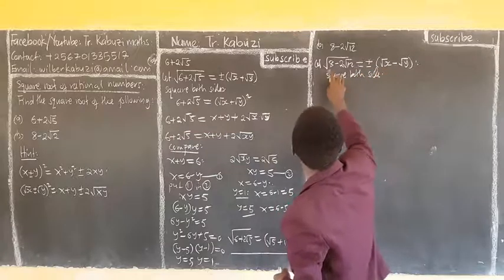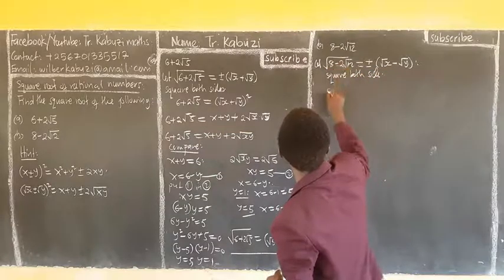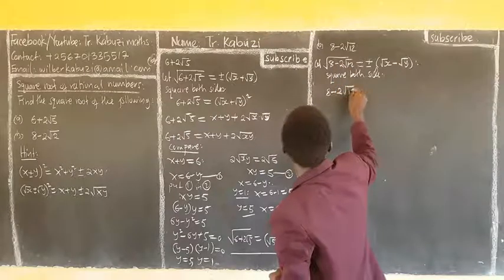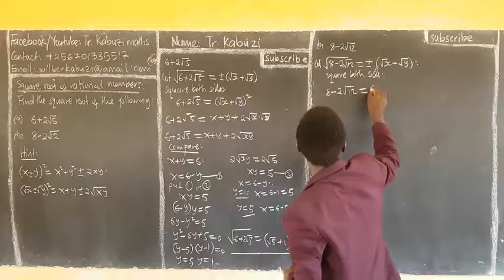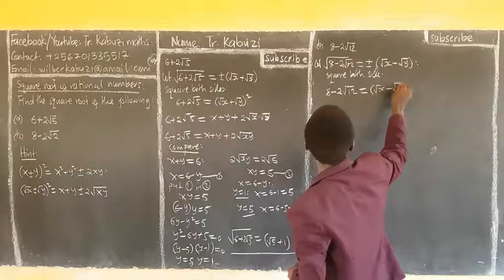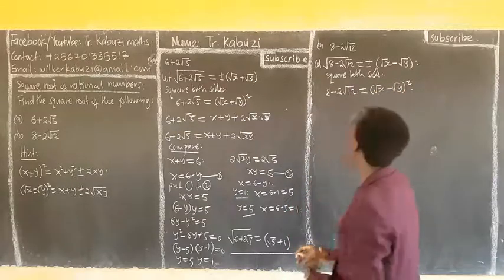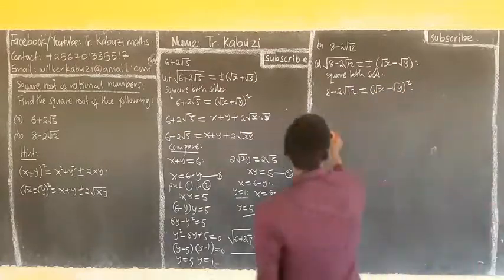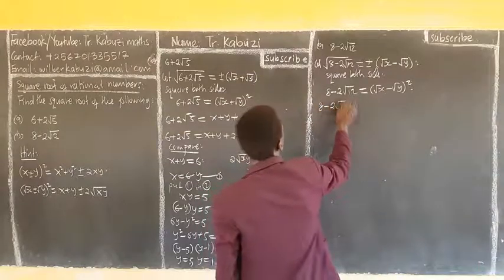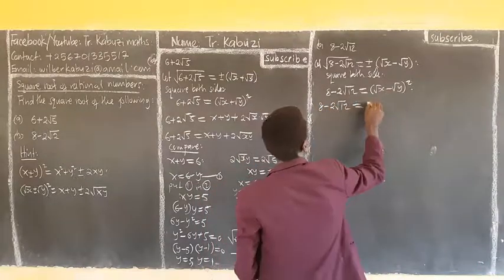This side I have 8 minus 2 root 12, and I square here, the square root will go off, equaling... When I square this, I get x.